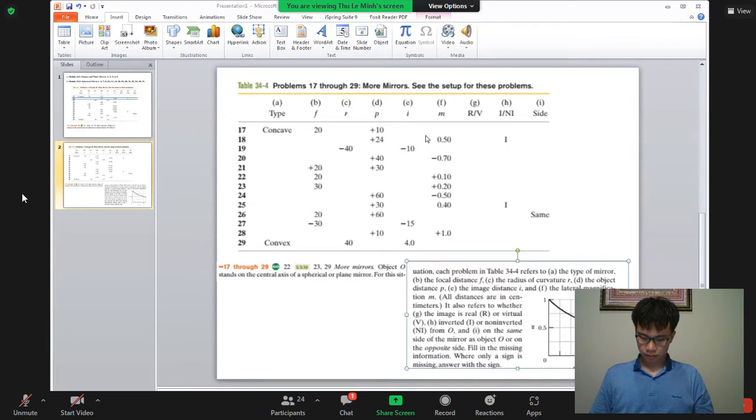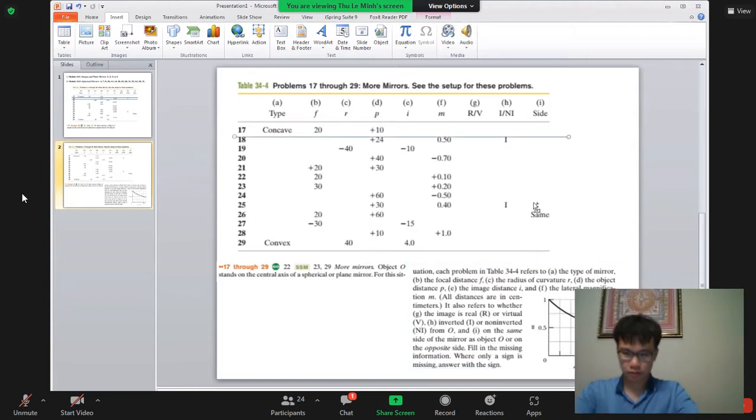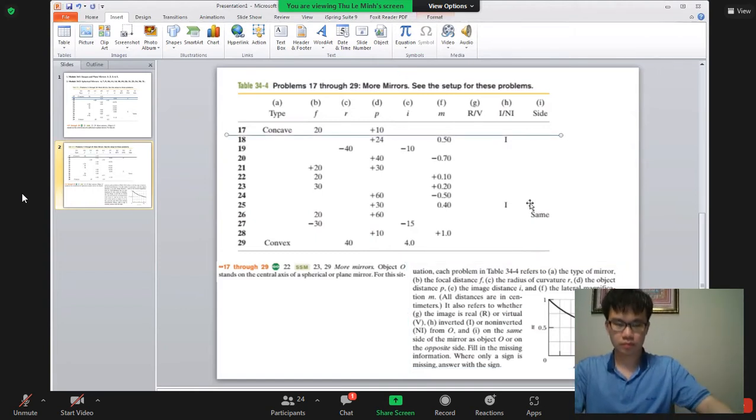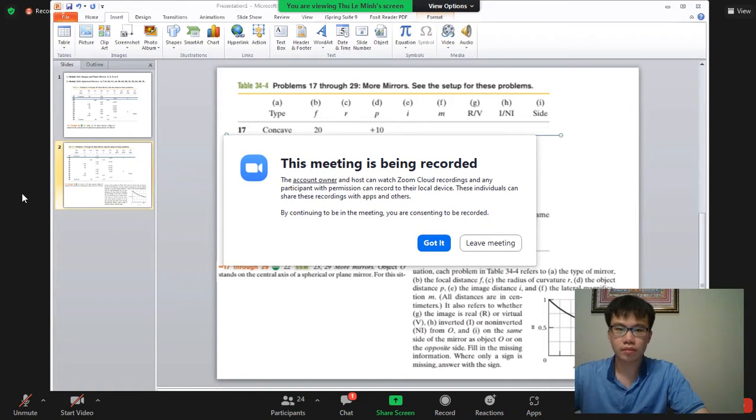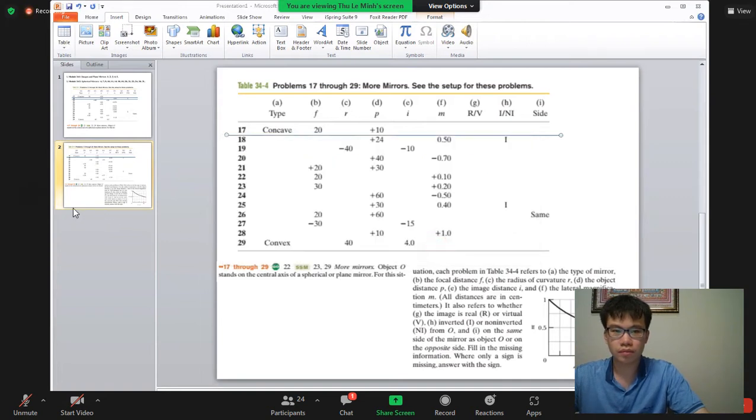For the first one, here you have a concave spherical mirror. So you put the sign before 20.